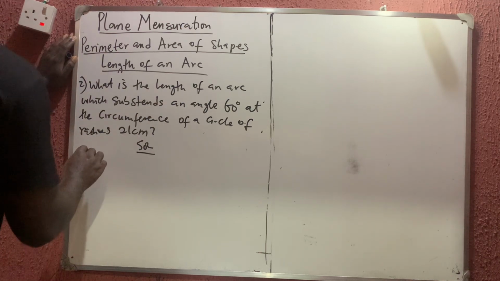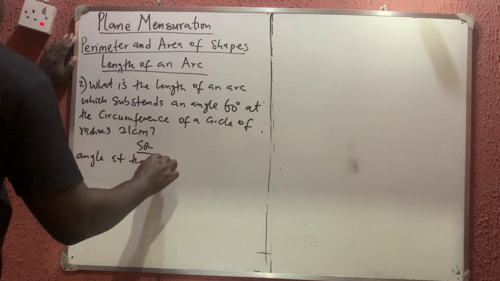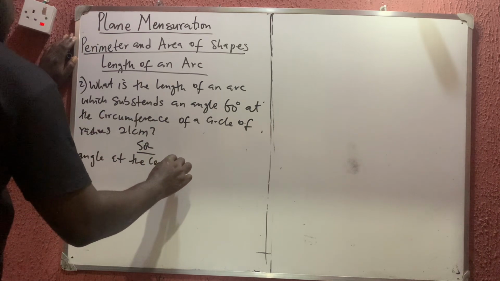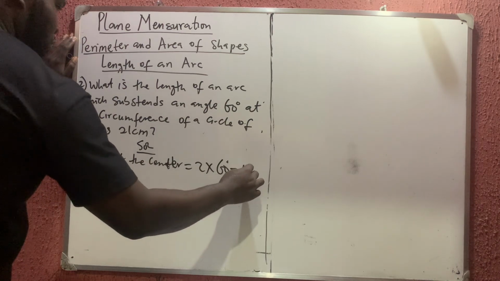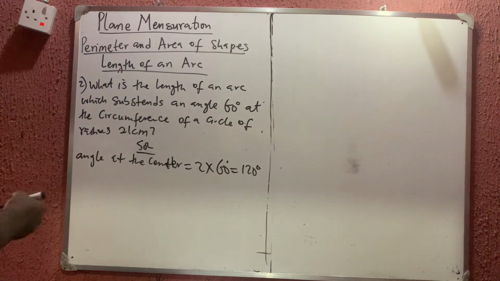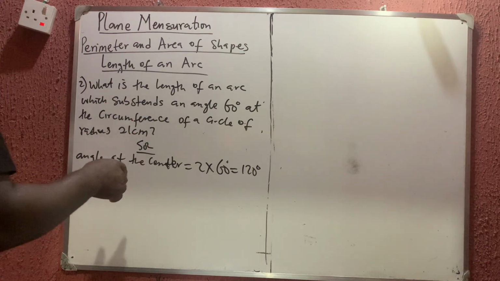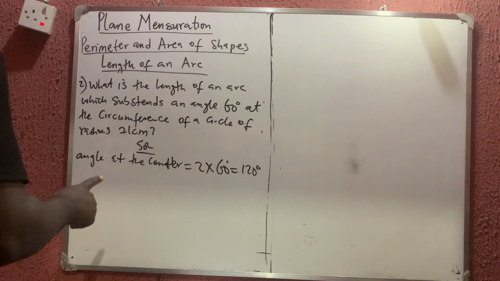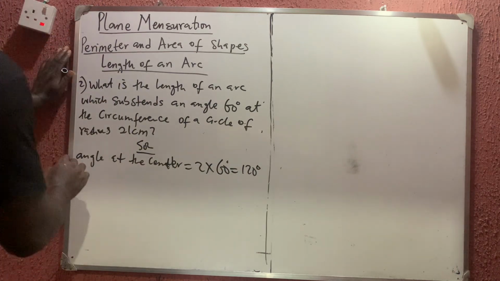So the angle at the center is equal to 2 times the one at the circumference, which will give you 120 degrees, because the angle at the center is twice the angle at the circumference. That is one of the theorems of a circle. Don't forget that.